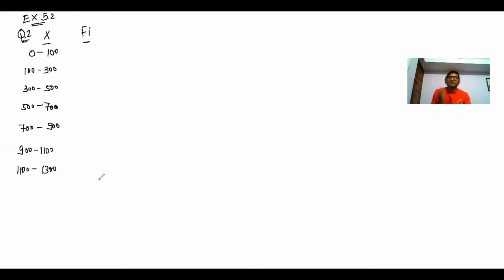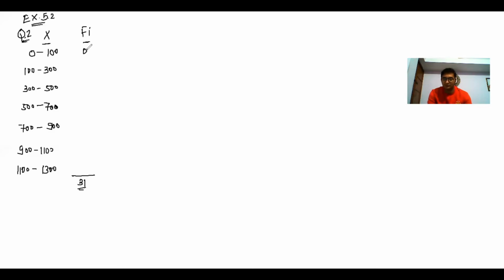Because the sum is for less than, it is our duty to prepare the classes as well as change the frequencies. Here the first frequency is 0, and the last frequency, 31, becomes the total now. It means the frequency changes.